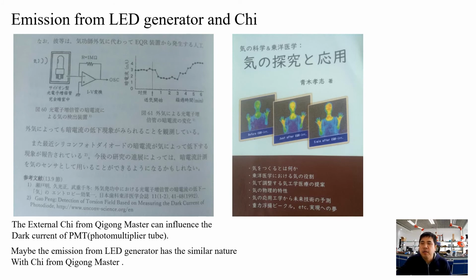In fact, the PMT and the photodiode are similar sensors, and we both measure the dark current. We even use the same circuit to measure the dark current. So I guess maybe the emission from the LED generator has a similar nature to Qi from a Qigong master.